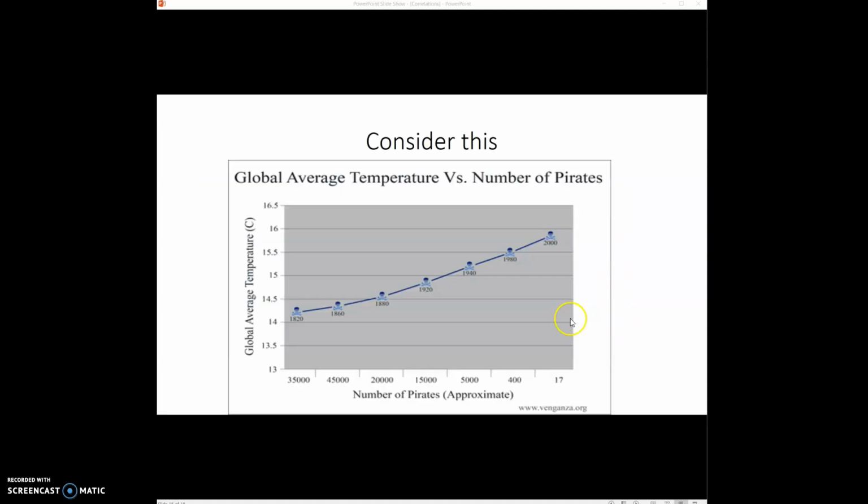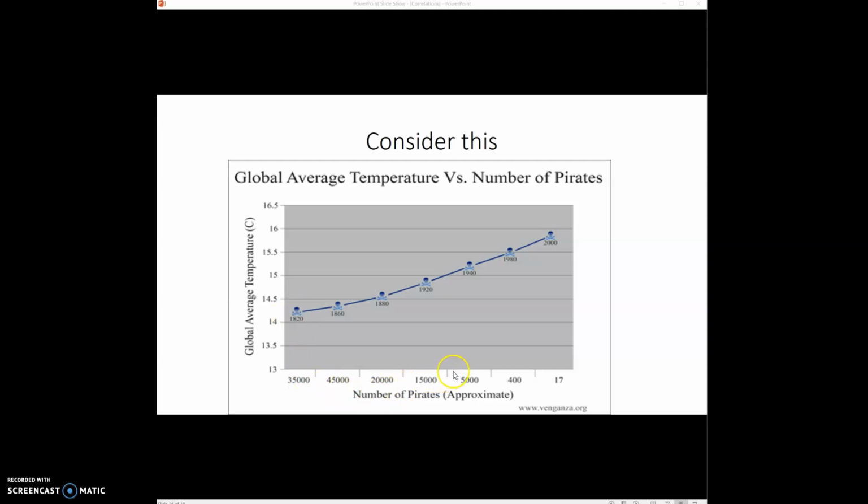Here's my favorite correlation. This is the correlation between global average temperature and the number of pirates in the world. And what you'll see is years ago, in 1820, it's estimated to be 35,000 pirates in the world. And the average global temperature in Celsius was about 14.25 degrees.